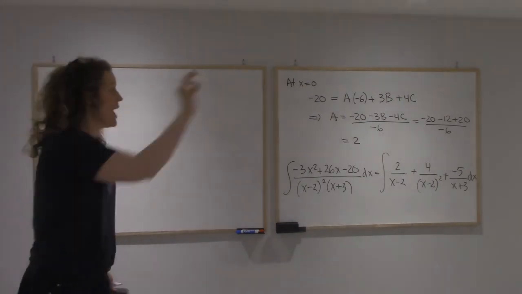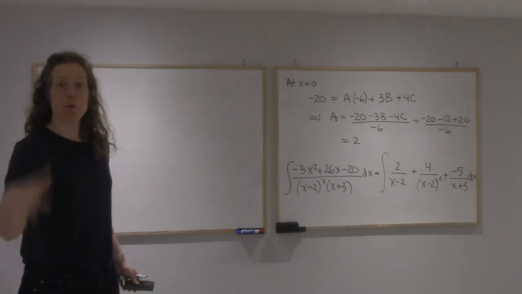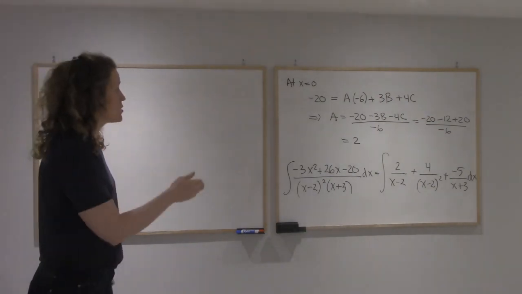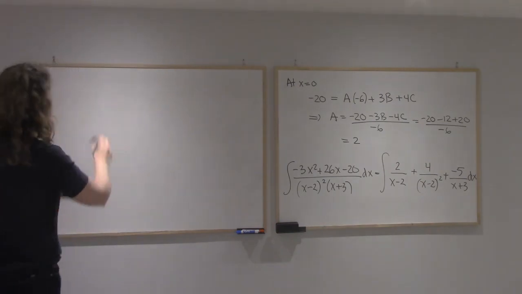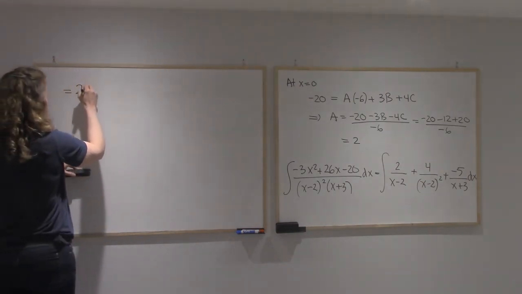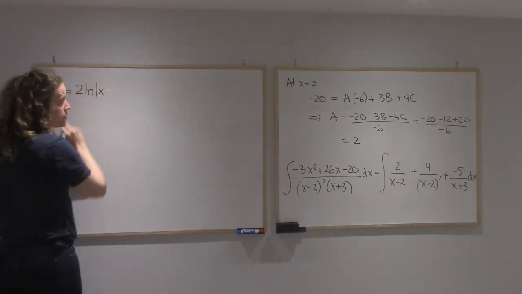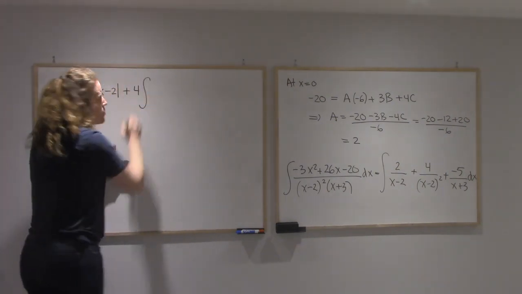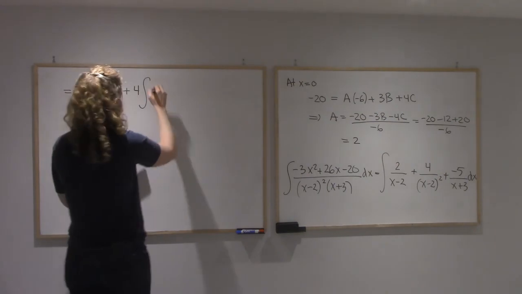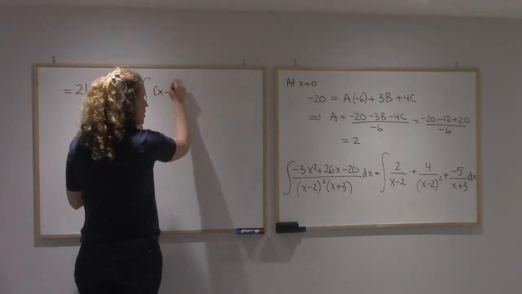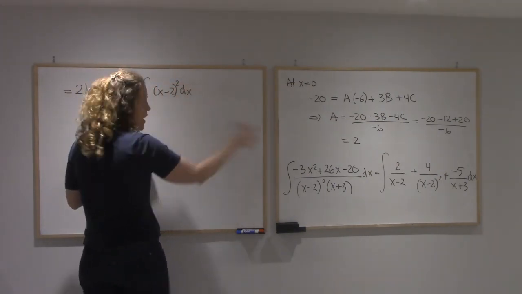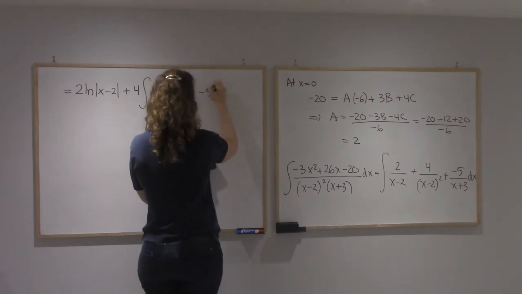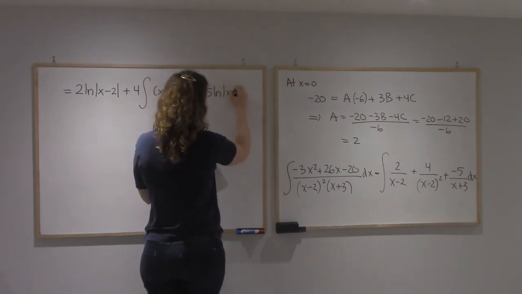The first and the last we've seen before. We even have a proposition that tells us what it is. We have a formula for it. So 2 log of x minus 2. The middle one we don't know yet, so let's do it for real. And then the final one is minus 5 log of x plus 3.